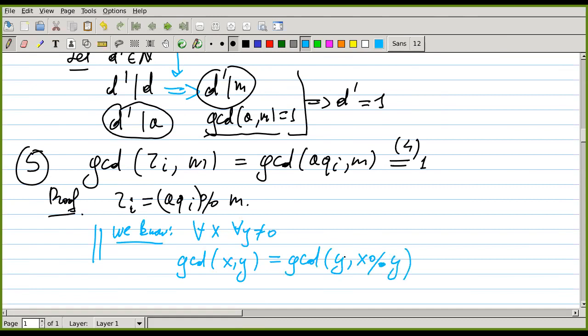Do you remember this fact? We proved it last time. Please check. We will exploit it later as well. The greatest common divisor of a divisible and a divisor is the greatest common divisor of the divisor and the remainder. Applying this fact, we will of course obtain this equation. Is it clear?